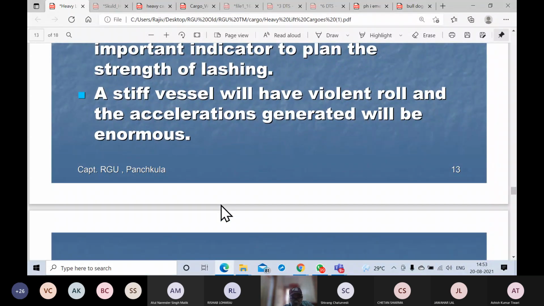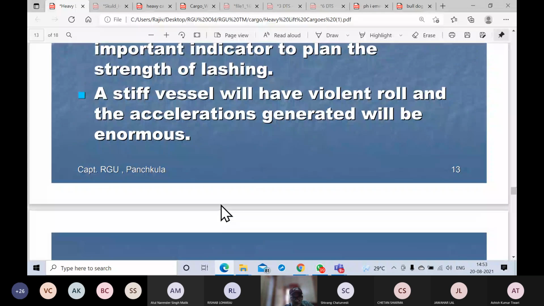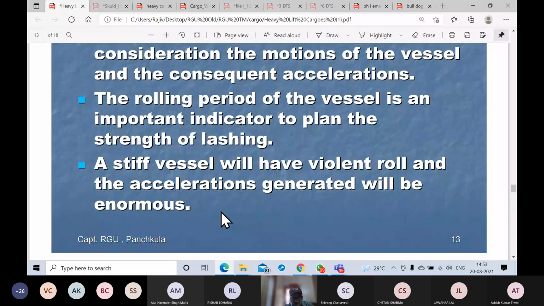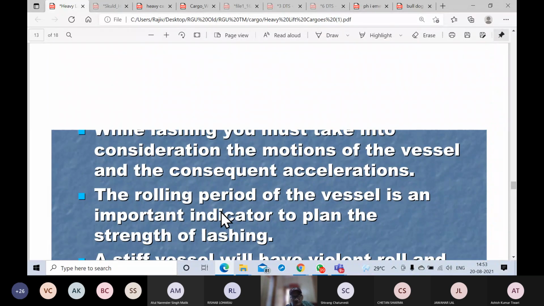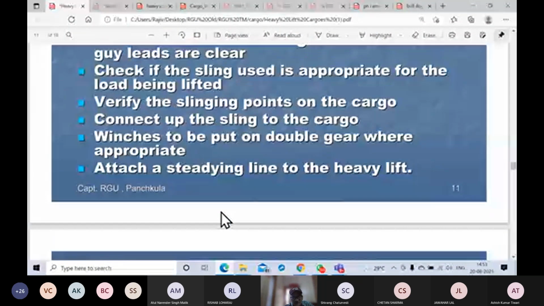It will depend on the GM, right? One minute. Let me just build on this one.